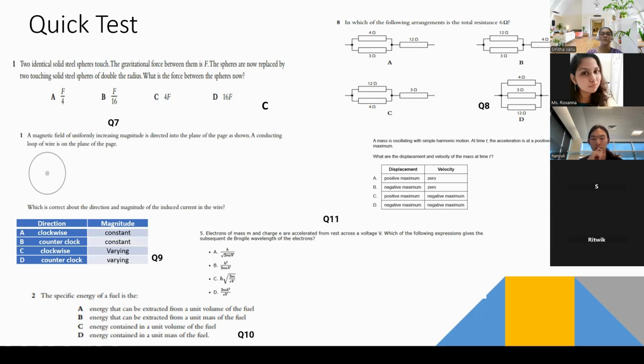Go to the eighth question, please. The next question, which is series and parallel. Which of this adds up to 6 ohms? Which combination gives you an answer of 6 ohm? Question number 8. Please give your response. Anyone?